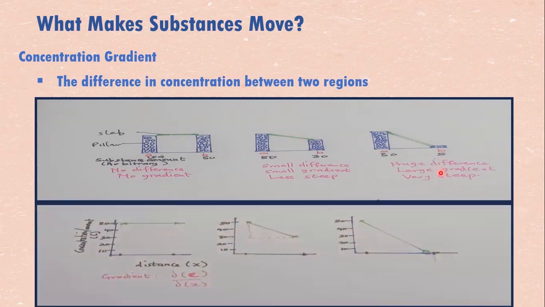So this one has no concentration gradient. But here, this one is 50 and B is 30. That's how you work out gradients. So it has a small steepness, but here, huge, very, very steep slope. So these are concentration gradients.